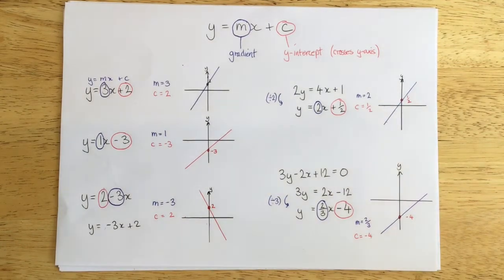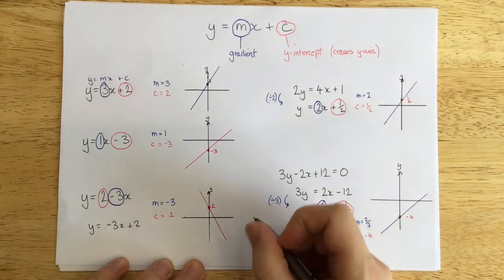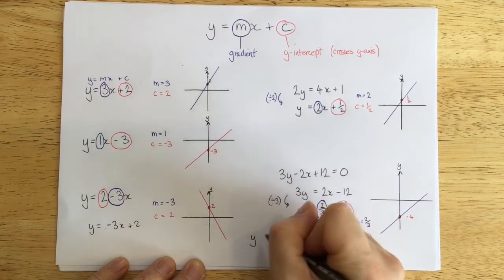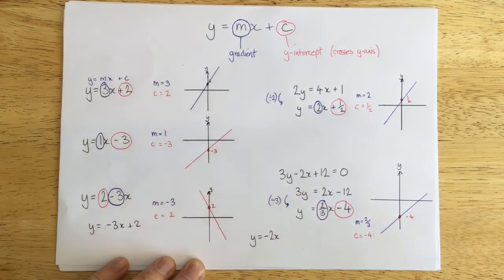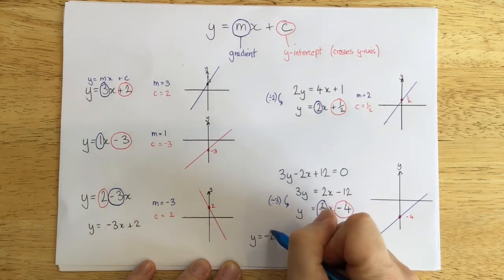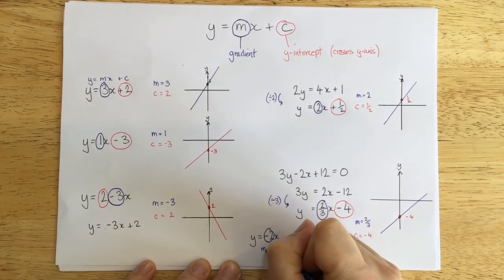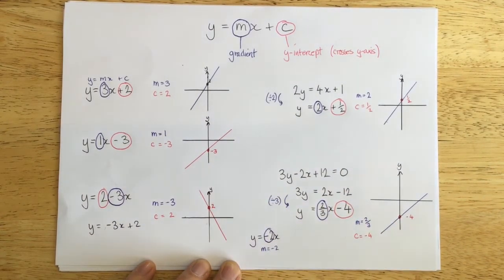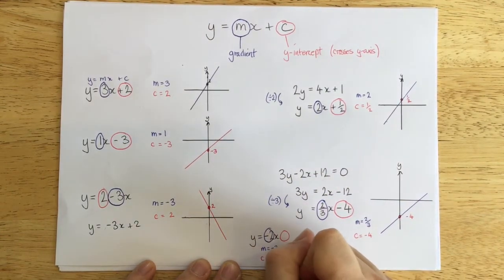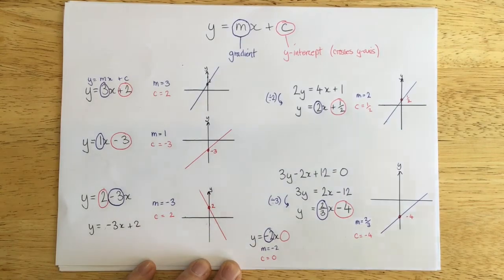Just want to finish off: if I had y equals minus 2x, well in this one you see y equals mx plus c, the value of m here is minus 2. There's nothing on the end, so our value of c here is 0, there's plus nothing.